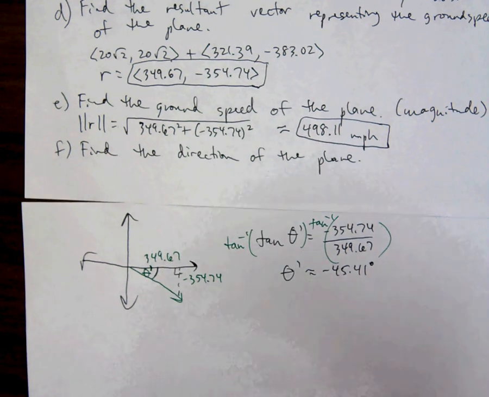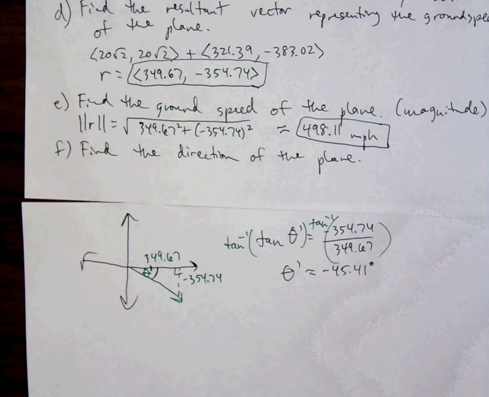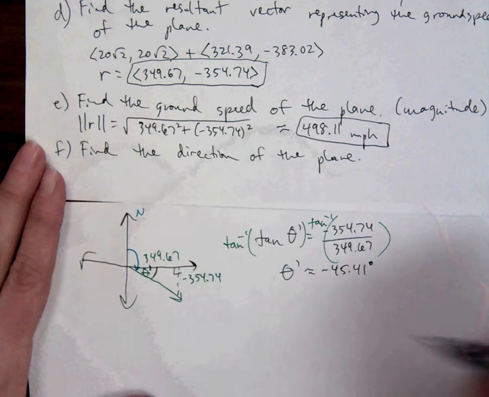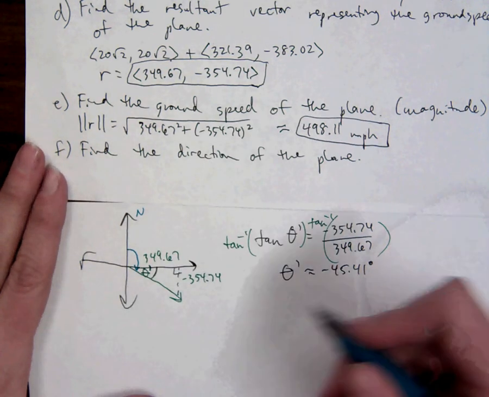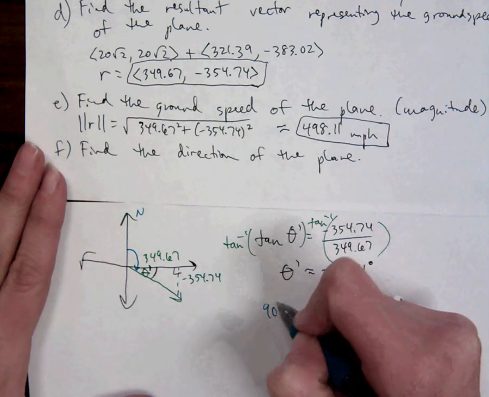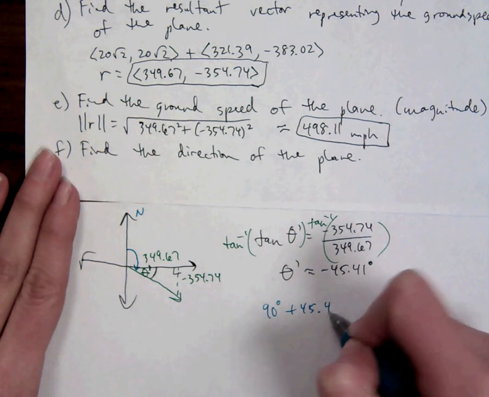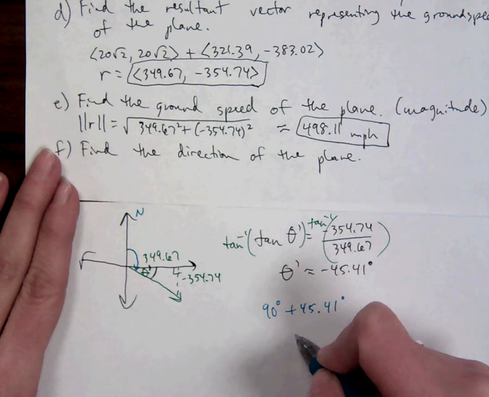But since everything in the picture was given to us as a bearing, we should probably say this is a bearing. So if we want to say that bearing from north, let's say, so north is here, and I want to say what the bearing is from there, I'm going to have to do 90 degrees, because northeast is 90, plus that 45.41 degrees.